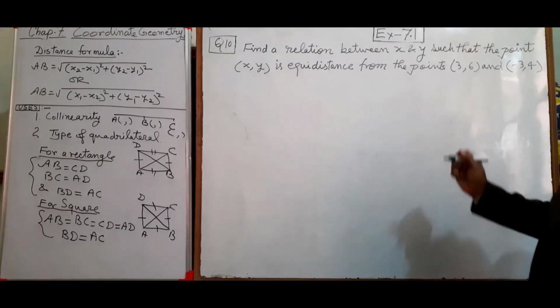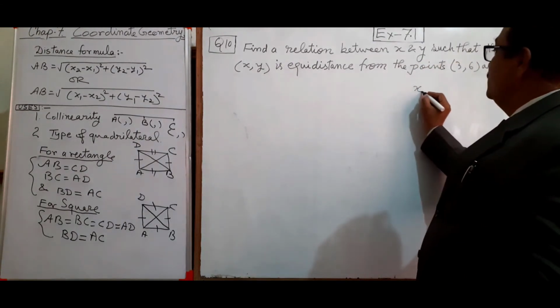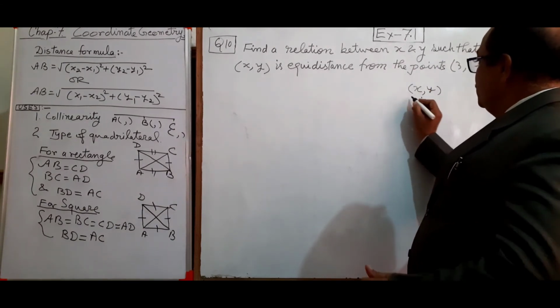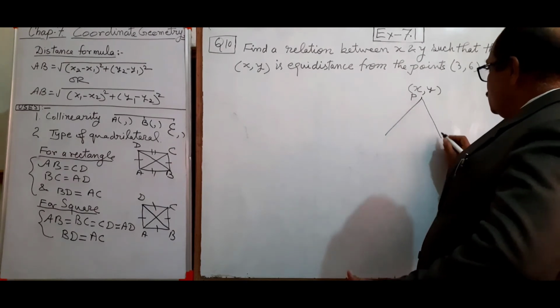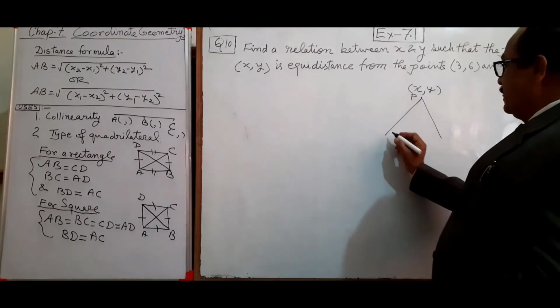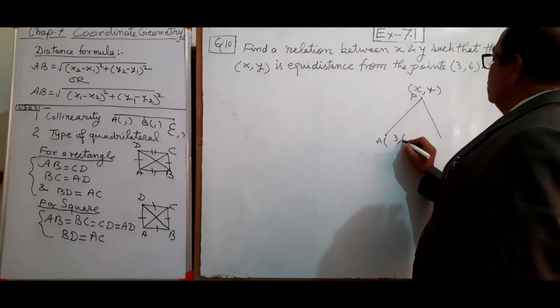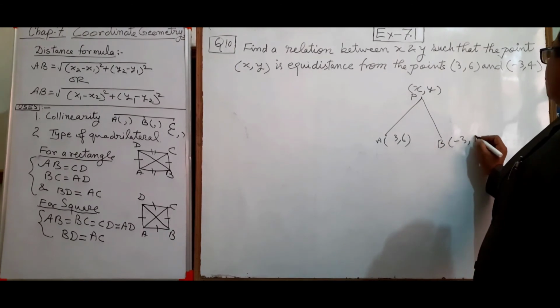So in the same way we will consider this point. One point is (x, y) which is given here. Suppose this point is P whose coordinate is given, and given these 2 points A and B. So A point coordinate is given (3, 6) and point B coordinate is given (minus 3, 4).